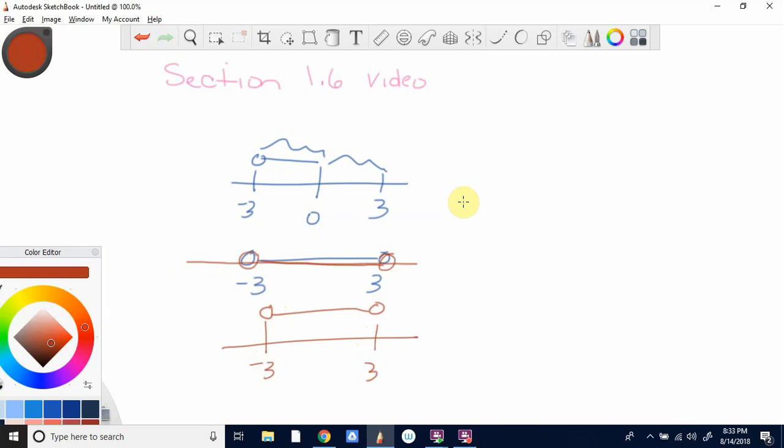Okay, both are acceptable. But then you've got to put it in either set builder notation or interval notation. Set builder notation says x, that's the variable we have here, such that, because it was the absolute value of x is less than 3, such that -3 is less than x less than 3 with the brace.